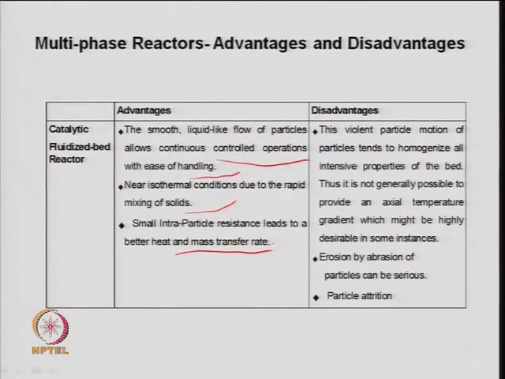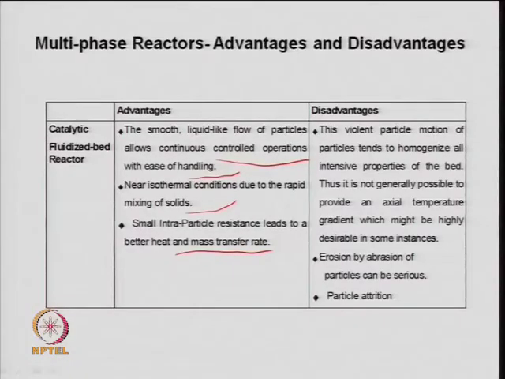First, the particles are moving up and down, so there is upward and downward flow. That is violent particle motion, and it tends to homogenize all intensive properties of the bed. Just like a CSTR, as I said, there is complete back mixing, a degree of mixing.